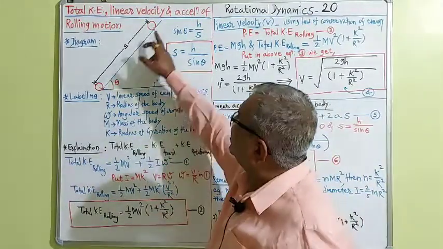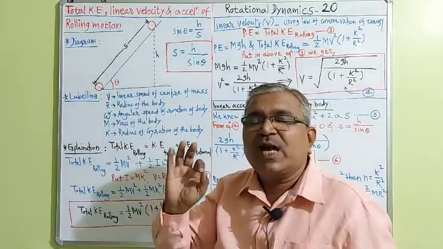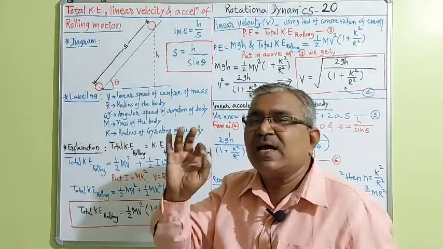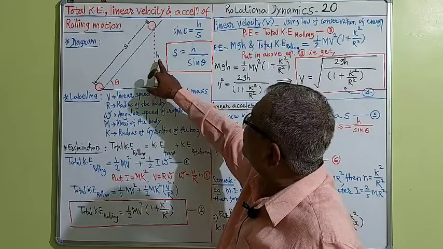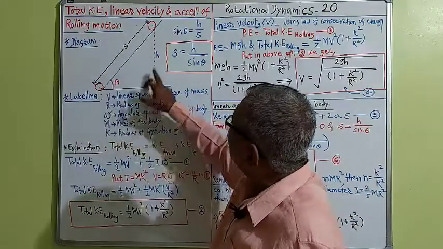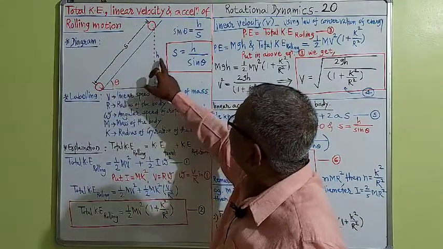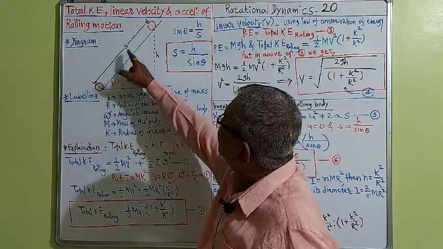By making use of this triangle, I will have to find sine theta at first. The value of sine theta we got is h upon s, because this is a right-angled triangle and sine theta is equal to the front side upon the diagonal of the triangle, that is s.